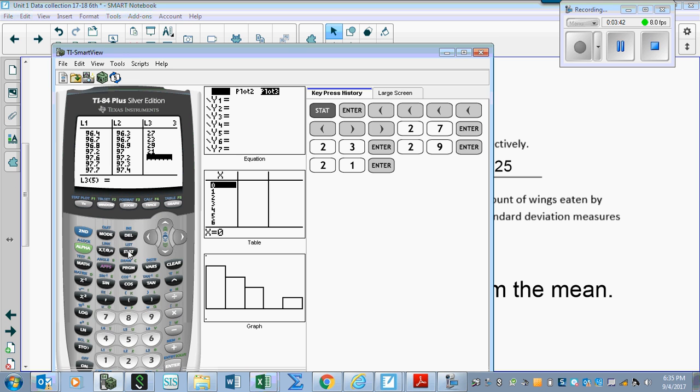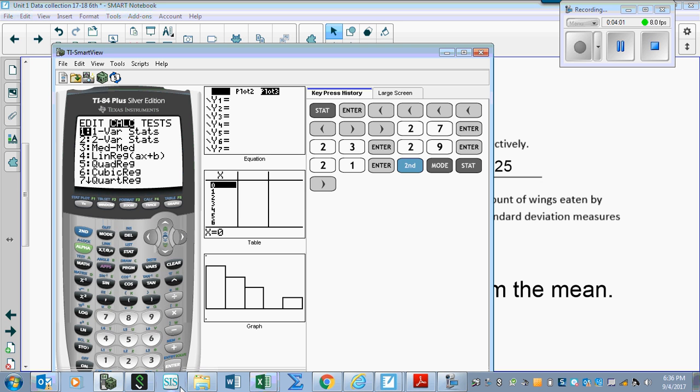I put mine in list 3. You probably will put it in list 1, since people generally feel more comfortable with that. Now I'm going to quit out of that list, and calculate information about it. I do stat calc, 1-Var Stats, and point it to list 3, second 3. It's going to calculate some things, and we'll take a look.